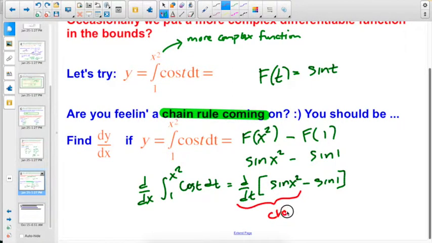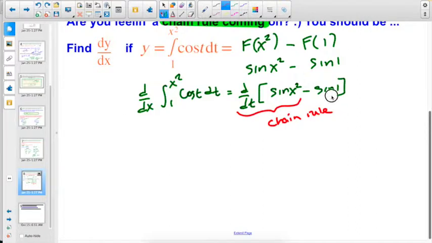So here's where the chain rule comes in. The derivative of sine of 1 radian is just a decimal, so this just equals 0.